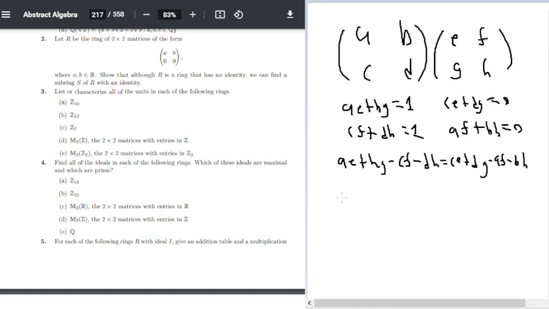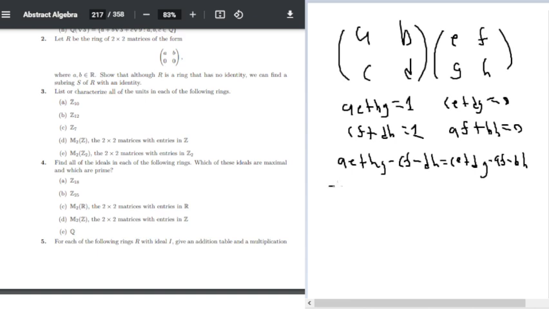So then we subtract both sides onto the left. We want to write things in terms of A, C, F, so let me write this out more.